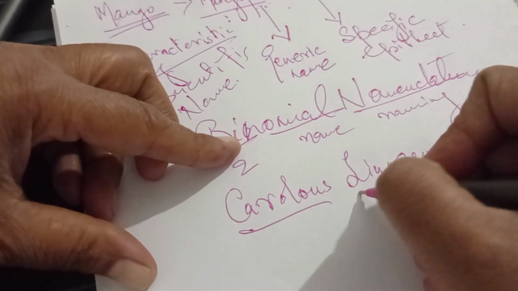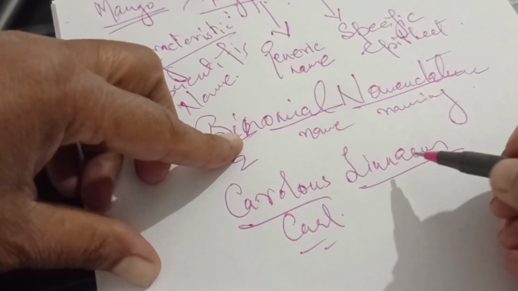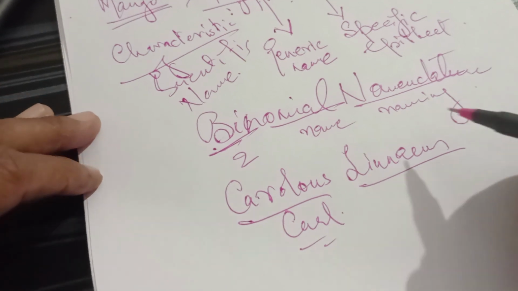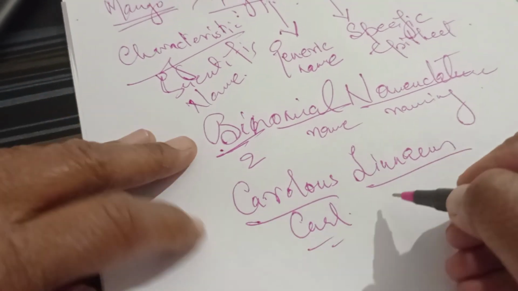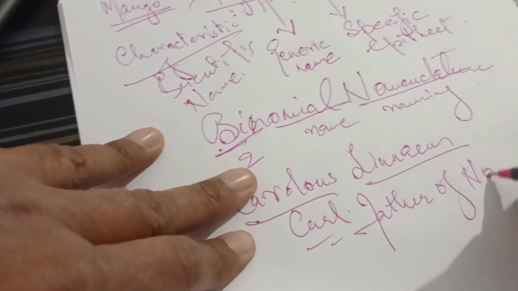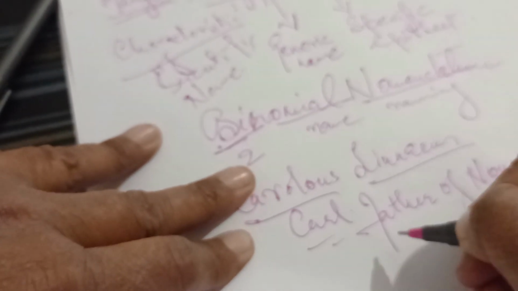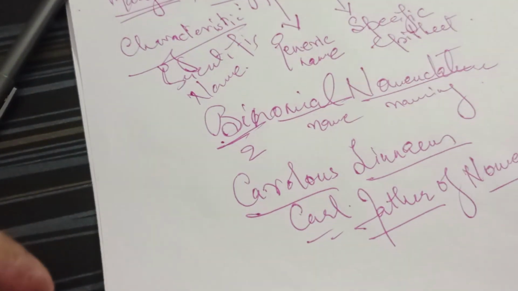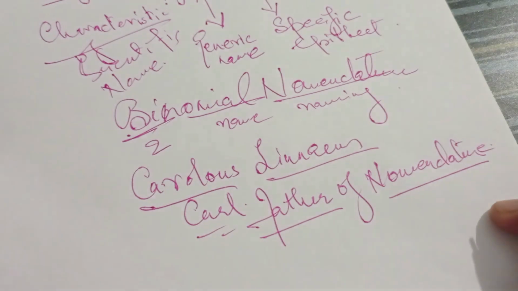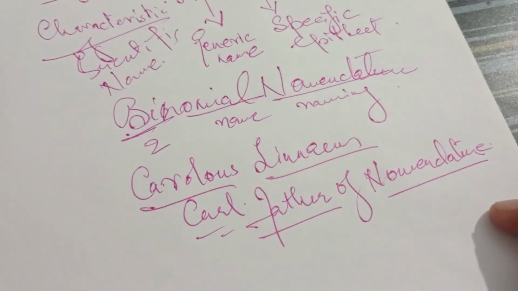Scientist Carolus Linnaeus, commonly known as Carl Linnaeus, gave this binomial nomenclature, and so he is called the father of nomenclature. Carl Linnaeus is known as the father of nomenclature because he gave this system of naming living organisms. So understand what nomenclature is: naming, and how naming is done.